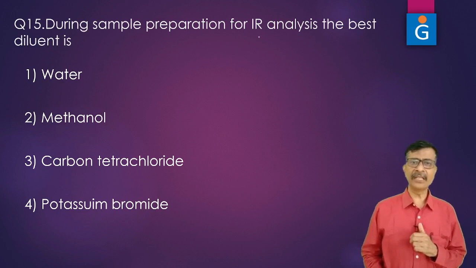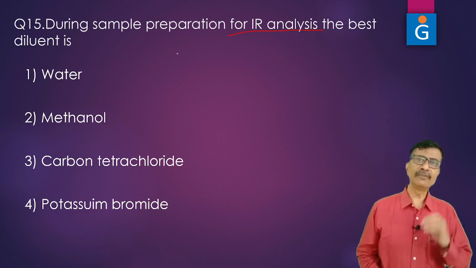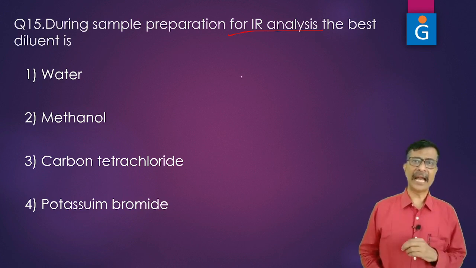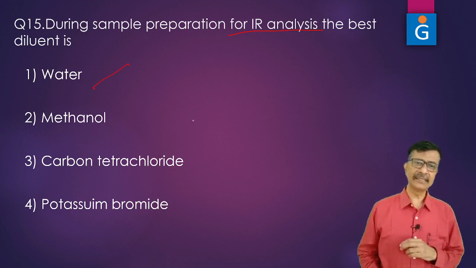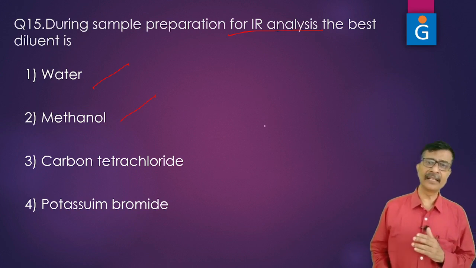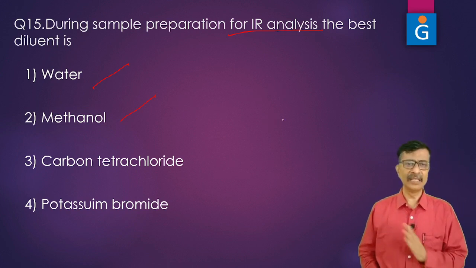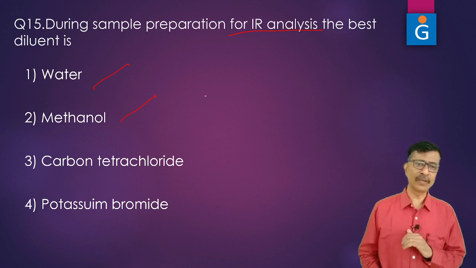Now here, when we are going for IR analysis, we have to select a diluent which will not absorb IR radiation. Water absorbs IR radiation. Methanol again absorbs IR radiation because it contains an OH functional group, CH bonds, CO and so on. Water again contains an OH bond.